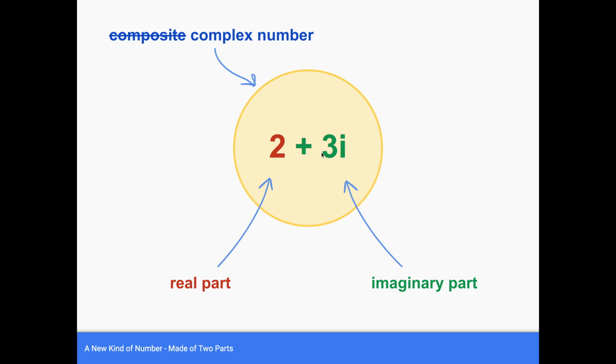I've coloured them here, but if we didn't have colours available, we would definitely need to rely on the i to say that's the imaginary part. So the real part is 2 and the imaginary part is 3. And you can see how, if we were going to draw this on a graph, we could say 2 across and 3 up. That would make perfect sense.